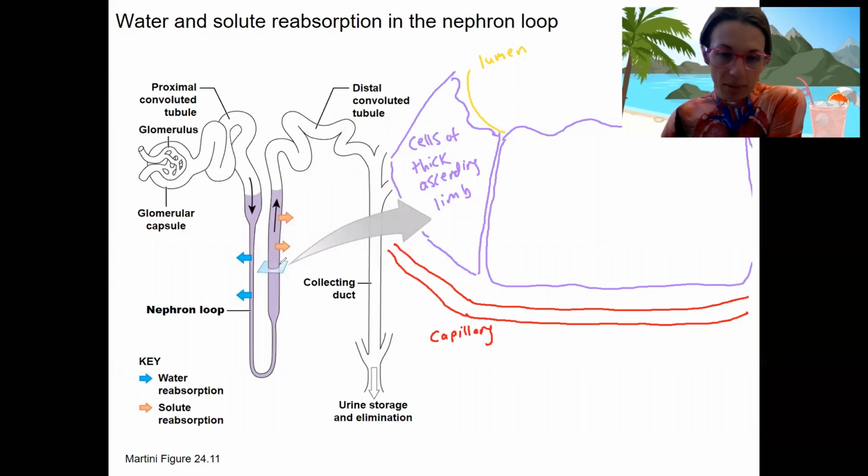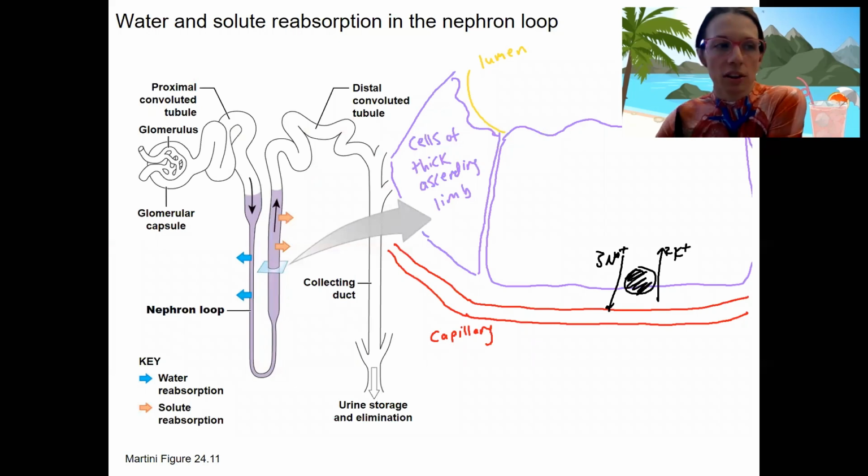Here we are, ascending limb, and this is the thick portion where the most active transport occurs. Okay, active transport, what do you think? One thing we're gonna need is a sodium-potassium pump. That's going to allow 2 potassium in, 3 sodium out. Now, we've got some other fun proteins too.